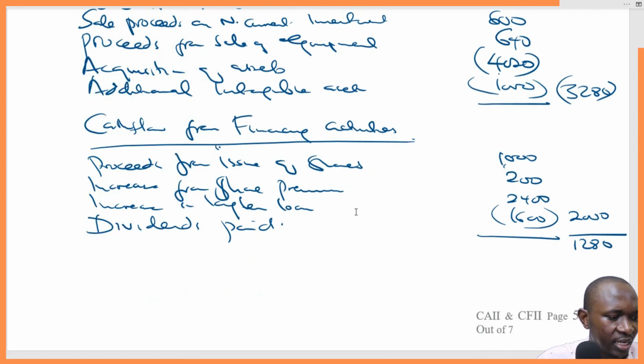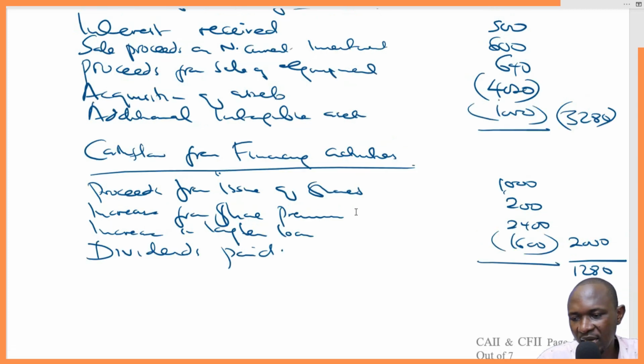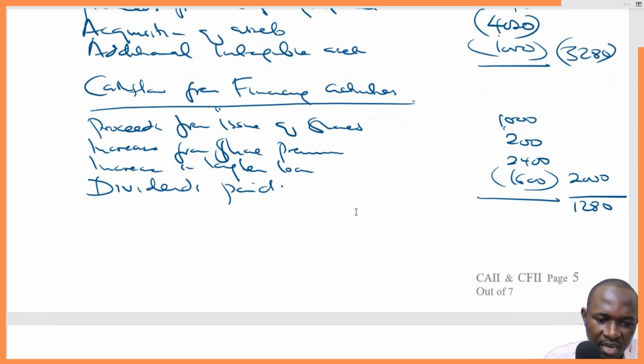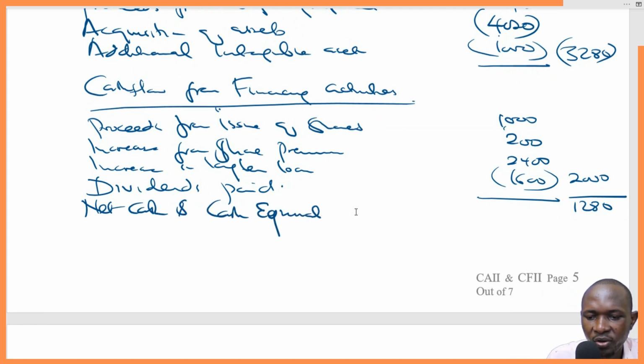And that 1280 now is the net cash and cash equivalents for the year.